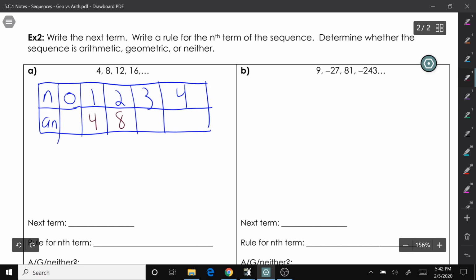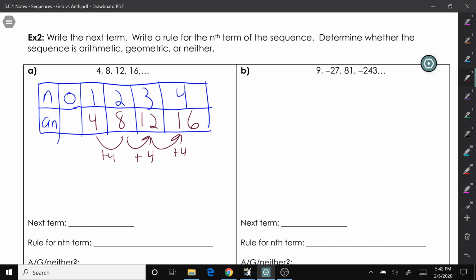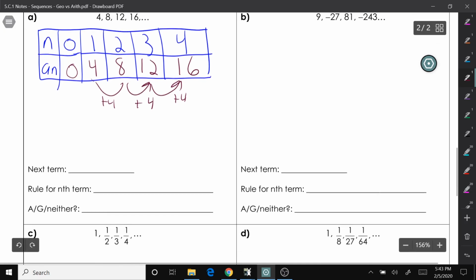The next one is 8, 12, 16. So if we look at the values, we're clearly adding 4 each time. Plus 4, plus 4. So to go backwards, this must be 0. Alright, so the next term, add 4, we're going to get 20.